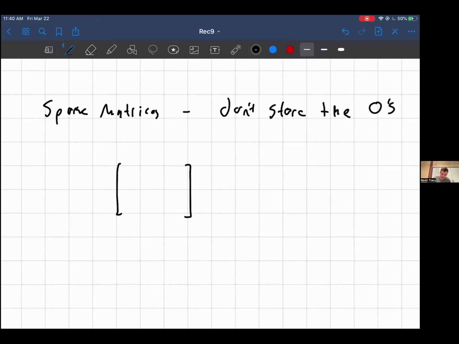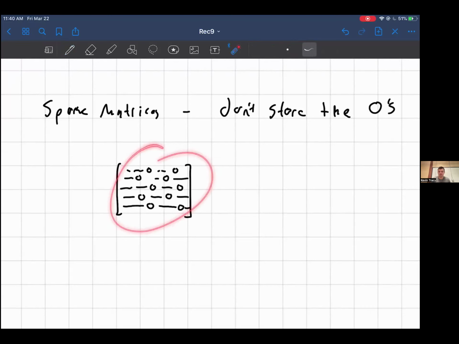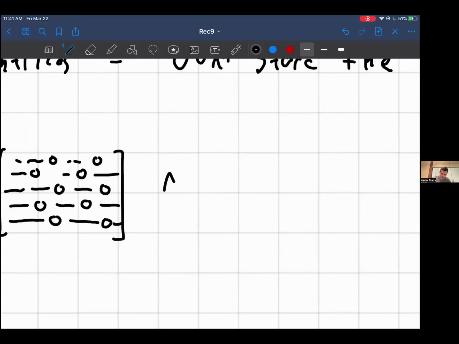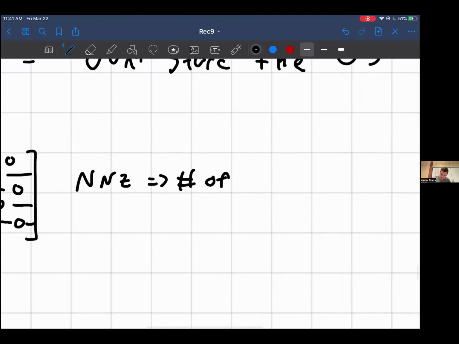So I'll give two examples here. If I have something like zeros, this is probably fine to be dense. Basically, nz is the number of non-zeros.